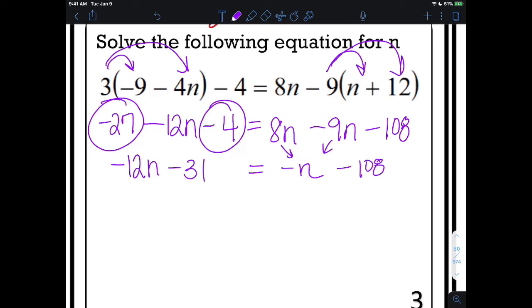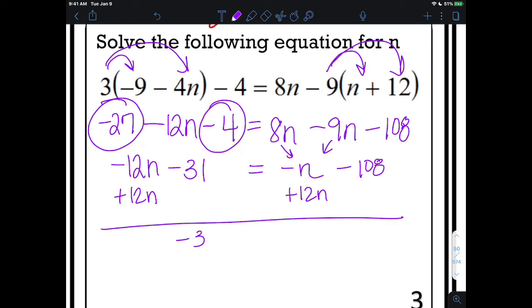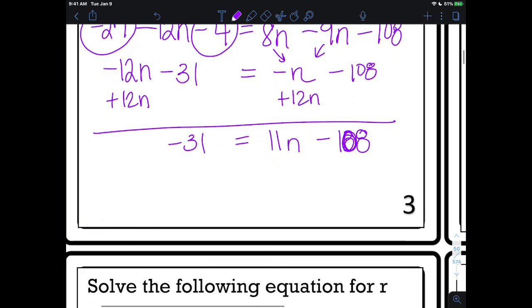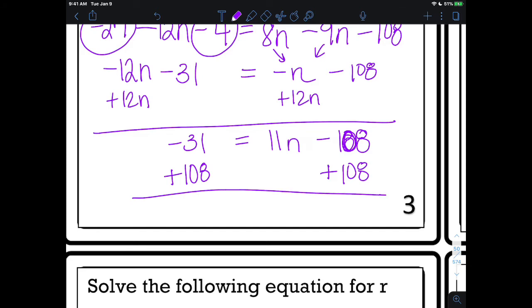All right, let's start grouping all of our variables together. I want them on one side. I see a negative 12 over here. That's the smaller one, so I'm going to go ahead and move it over. Now I'm going to do my exciting move, great divide.